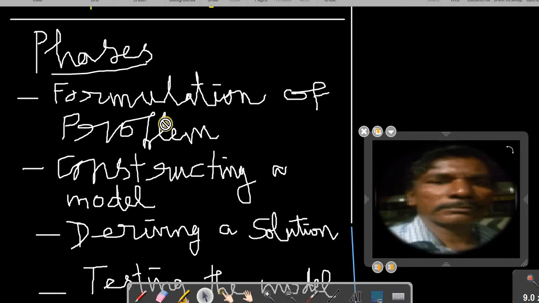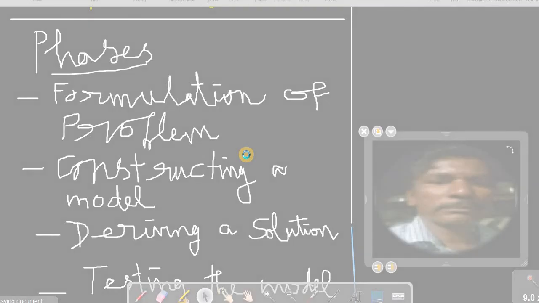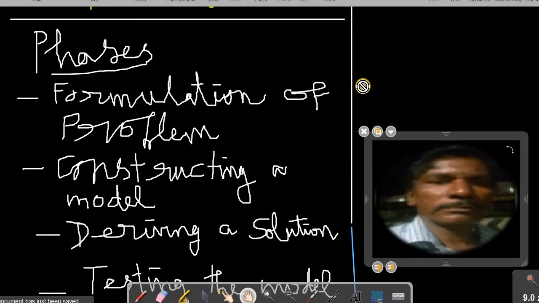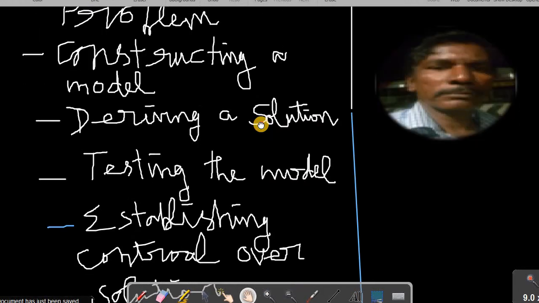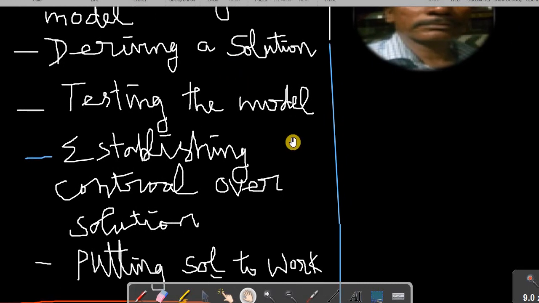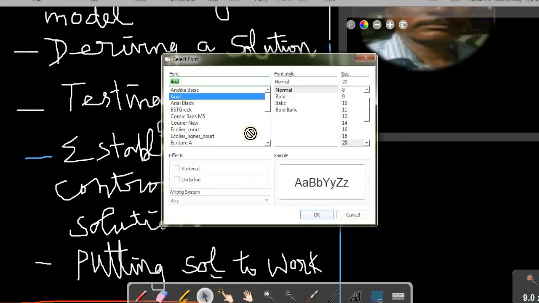After formulating the problem, our aim is to construct a model, particularly a mathematical model. The next is deriving a solution. Then testing the model is the next phase, and it is another important thing in operation research.